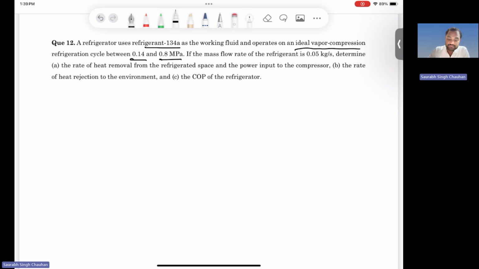Okay, so we will begin by making the TS diagram.